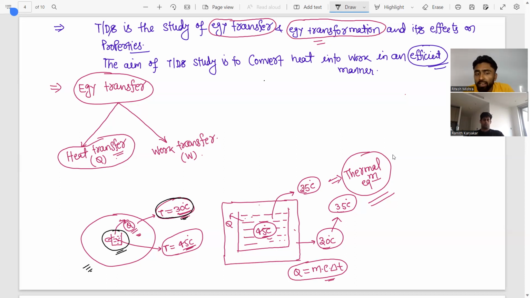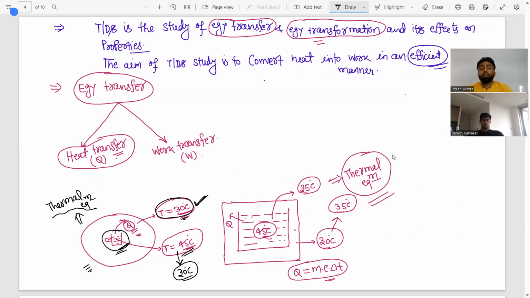But the temperature of the tea, which is at 45 degrees Celsius initially, will change. The temperature of the tea will decrease to 30 degrees Celsius, and the room is also at 30 degrees Celsius. Now there will be no heat transfer between the tea and the room. That means this system has also attained thermal equilibrium. When the temperature of both is the same, there will be no heat transfer.